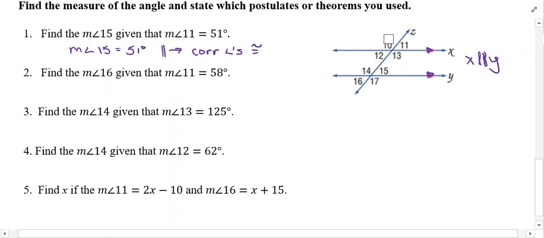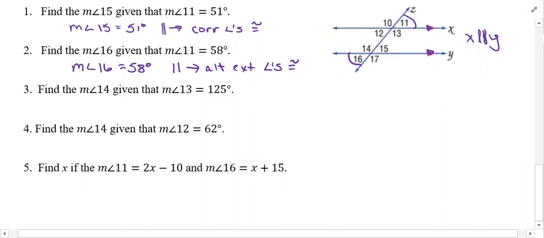For the next problem, we're looking at angle 16. We want to find this angle here, given the measure of angle 11 is 58 degrees this time. They are alternate exterior angles, so they have to be congruent because x is parallel to y. So measure of angle 16 is 58 degrees. And that's because parallel gives us that alternate exterior angles congruent.